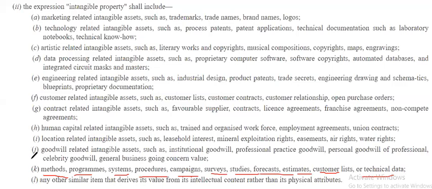All these are intangible property. Any other similar item which derives its value from intellectual content rather than its physical attributes. All these are included in the expression intangible property. So thank you.